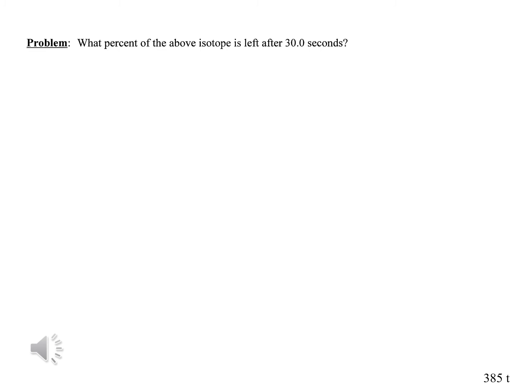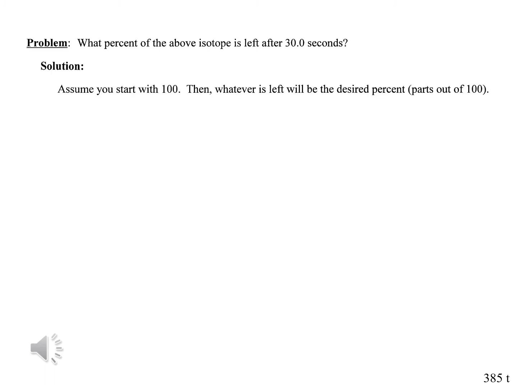So I want to ask the question, what percent of the isotope we just did is left after 30 seconds? Now there are certainly more than one way to do a percent problem, but this seems like the easiest to me. Since I didn't tell you how much you have to start with, use 100, because percent is parts out of 100. So if you start with 100, whatever you're left with is the percentage.